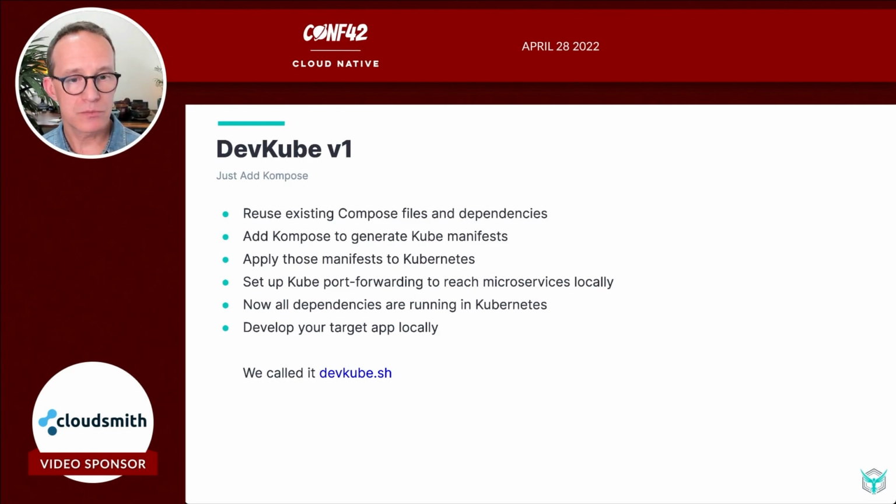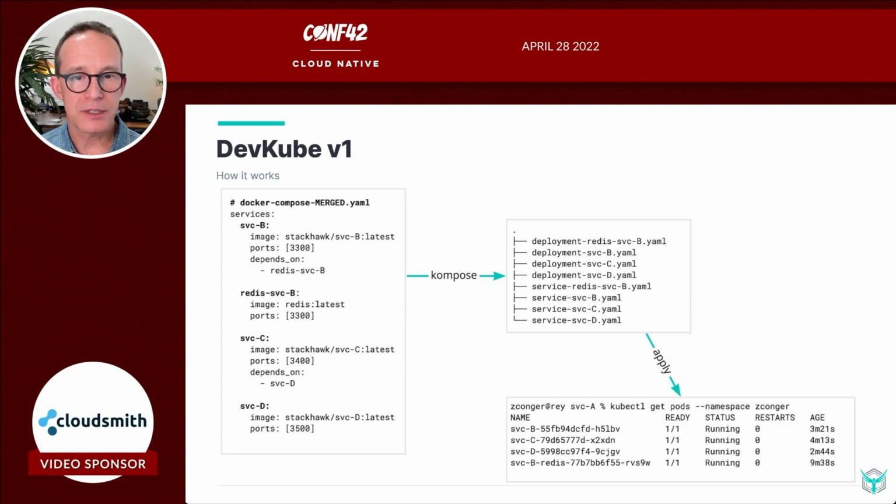So now it should look just like before with the Docker Compose setup, except now all of those dependent microservices, all those microservices that your service depends on, are running out in Kubernetes, and you can continue to develop your target app locally.